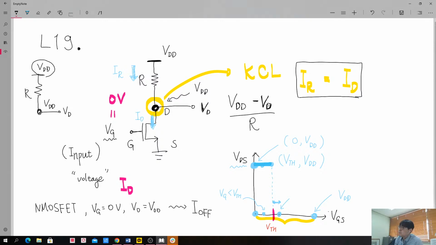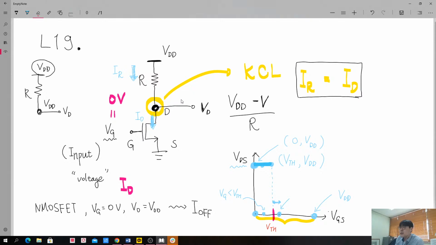So that will be once again the difference. Okay, I'm afraid that maybe some of you are confused by this VDD and VD. VDD is the maximum voltage we can have, and VD is just the drain bias voltage.